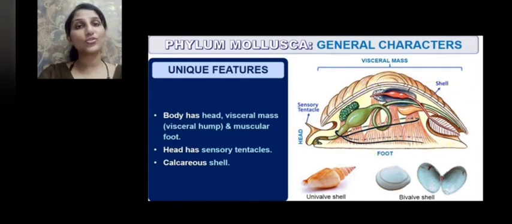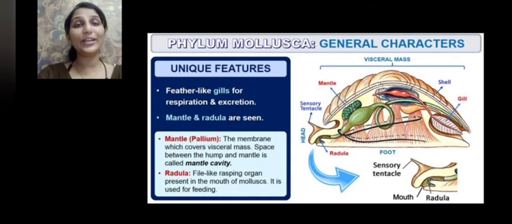The head also has sensory tentacles, which help to sense the changes in the environment or to sense stimuli. And they have a calcareous shell which gives them protection. And next is about the unique features. They have gills which are feather-like in appearance, and these gills help in respiration as well as in excretion.